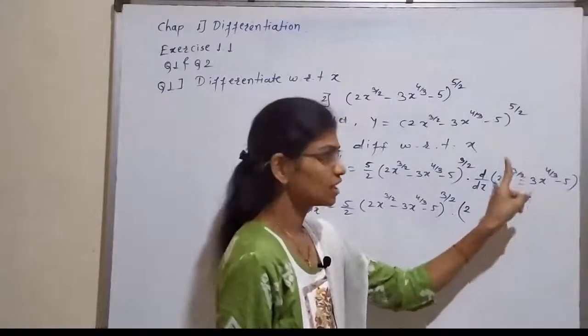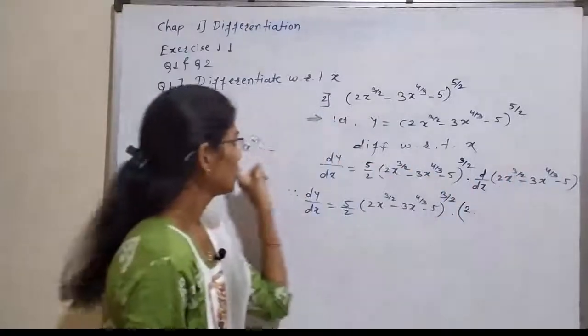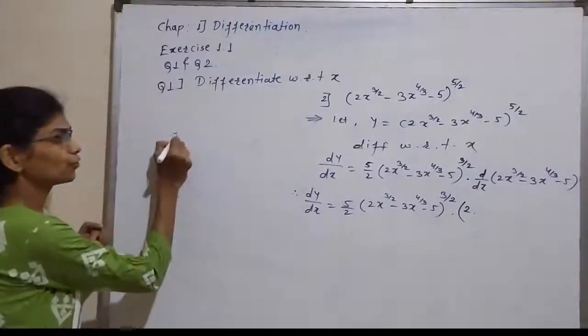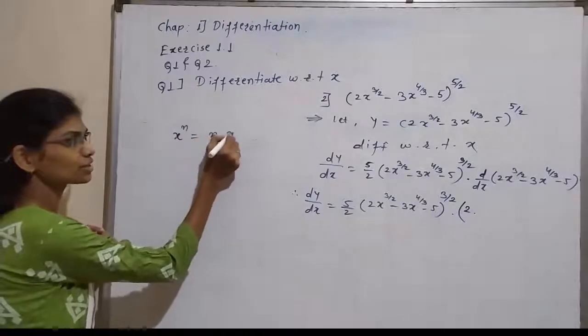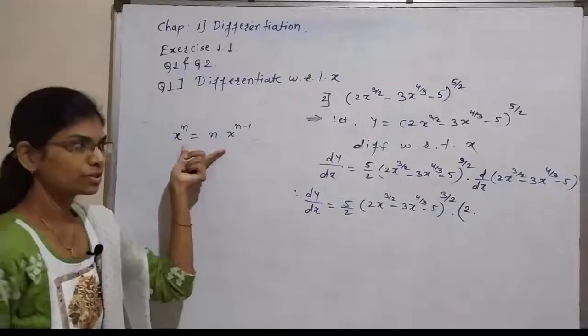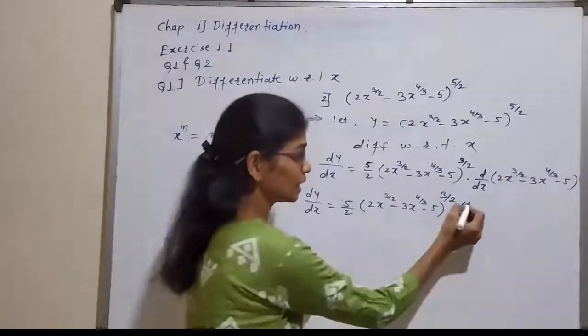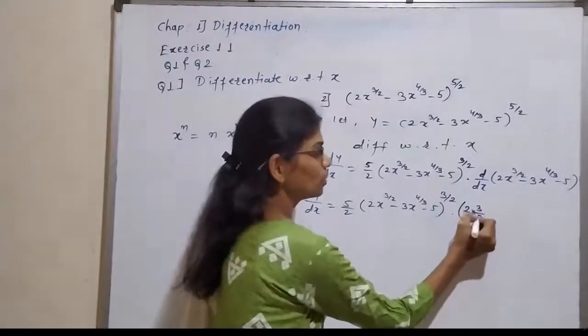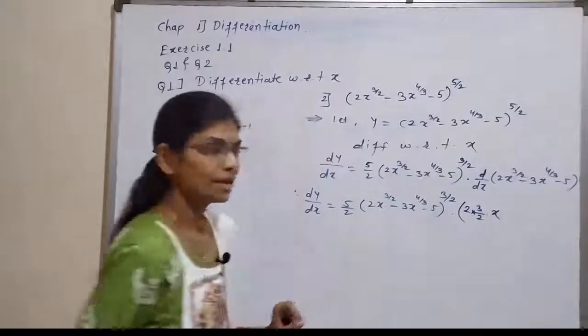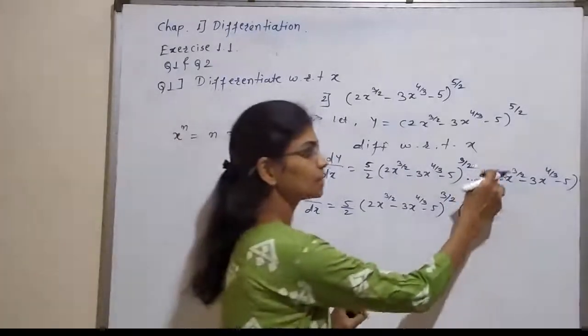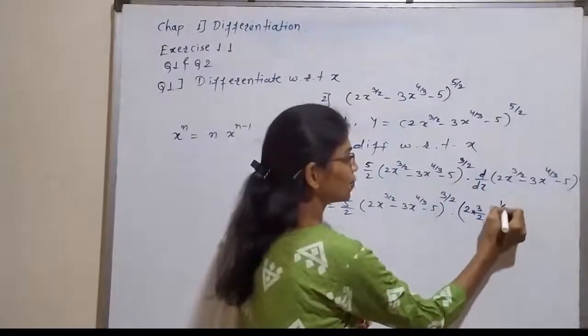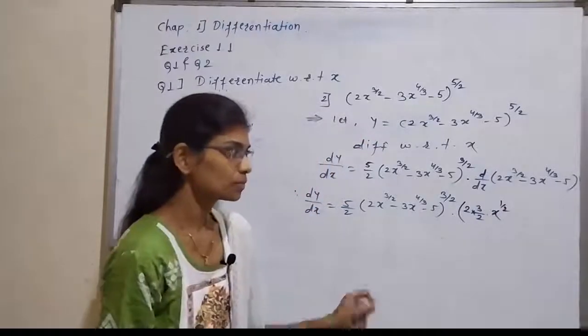x raised to n. Here we can use the formula for x raised to n: the derivative of x raised to n is n into x raised to n minus 1. By using this rule, the derivative of x raised to 3 by 2 is 3 by 2 multiplied by the index less by 1, that is 3 by 2 minus 1, which is 1 by 2.